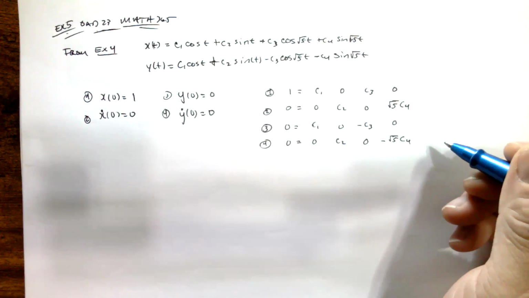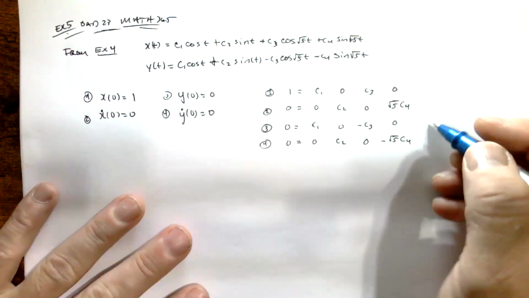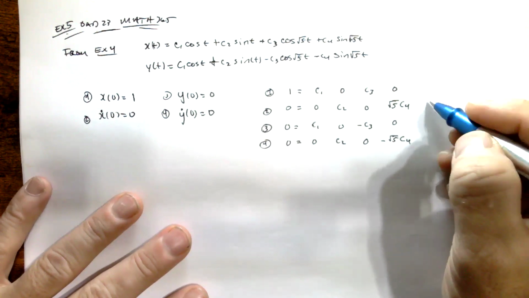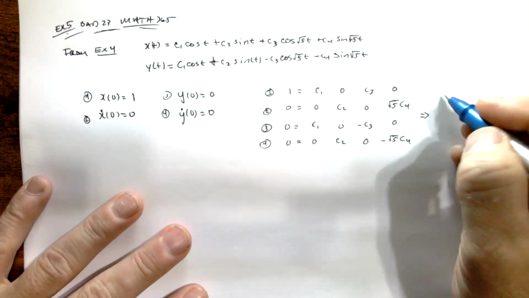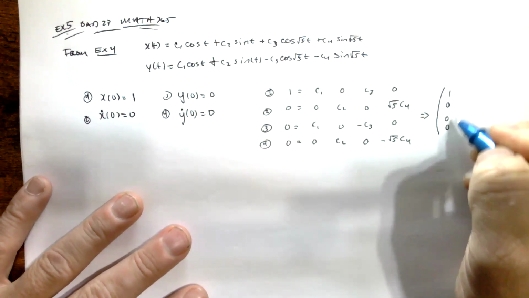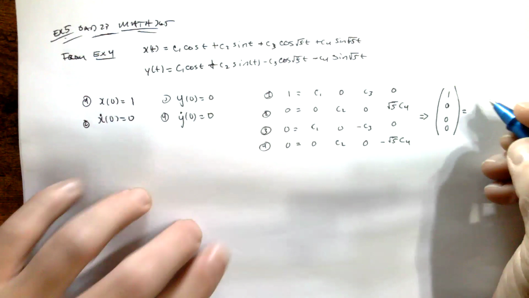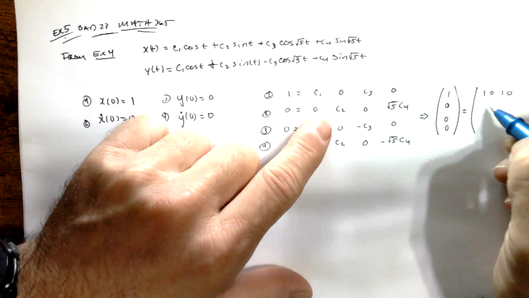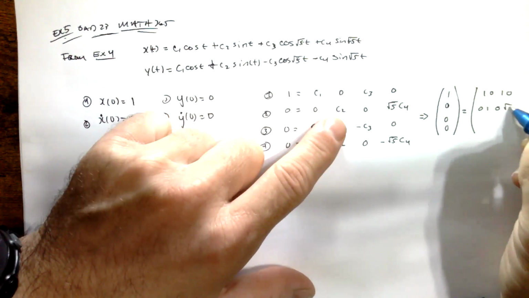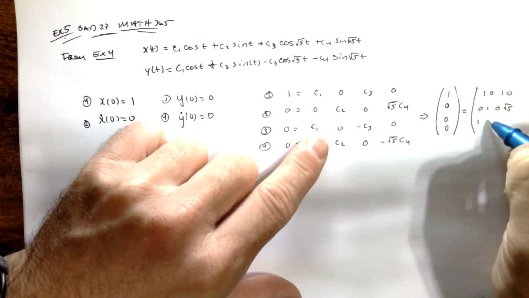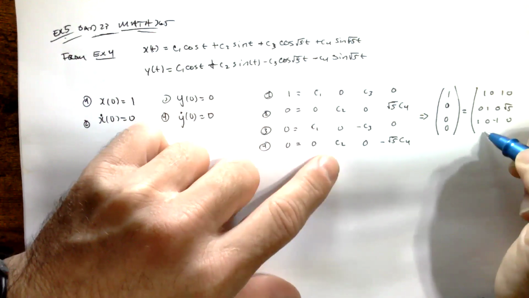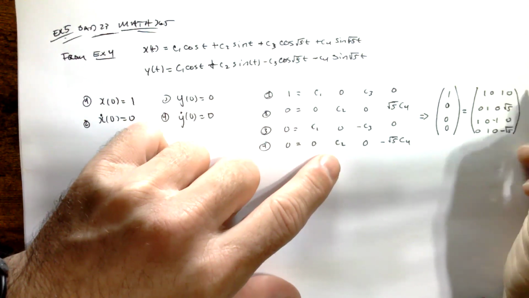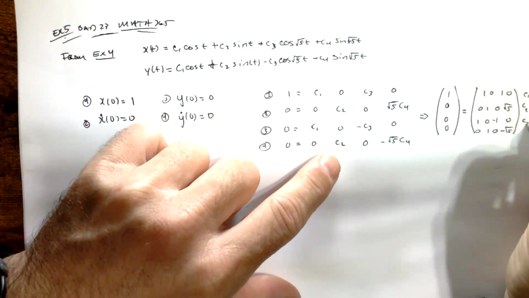So we can write this as an augmented matrix and then solve the system. We get 1, 0, 0, 0 as our B vector, and then the rows 1, 0, 1, 0; 0, 1, 0, square root of 5; 1, 0, negative 1, 0; and 0, 1, 0, negative square root of 5, for C1, C2, C3, C4.